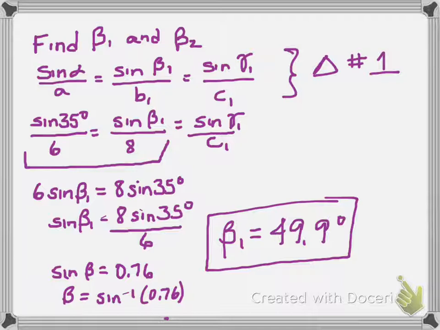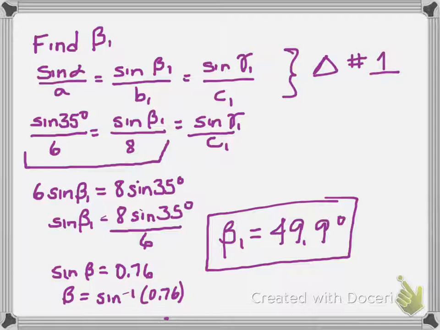So I'm going to call my triangles alpha, beta 1, gamma 1, and then I have my alpha, beta 2, and gamma 2. So first I'm going to find beta 1. Let me erase this because I don't want to find beta 2 right now. I'm going to find beta 1 first.